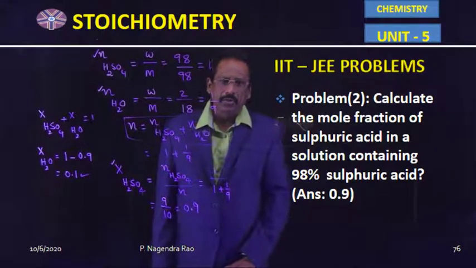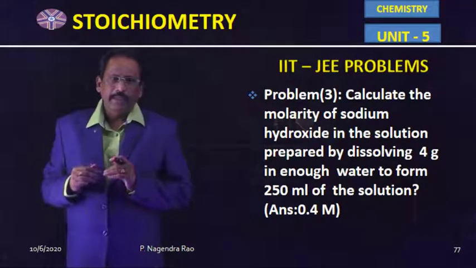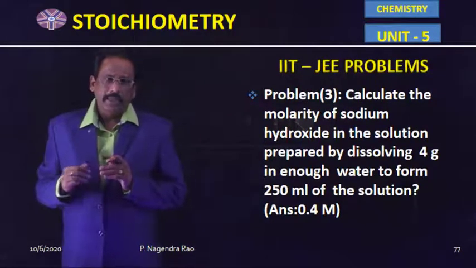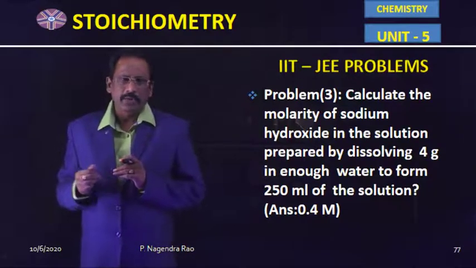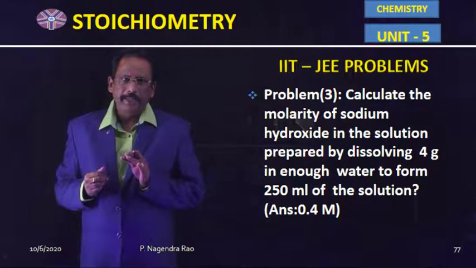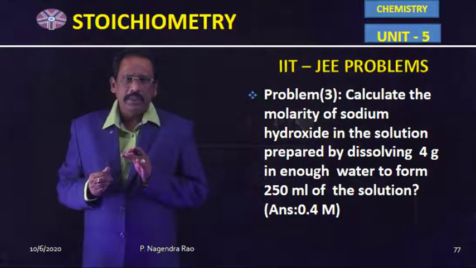Now in the third problem, calculate the molarity of the sodium hydroxide solution prepared by dissolving 4 grams of NaOH in enough water to form 250 ml of the solution.